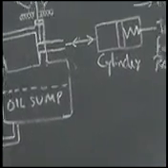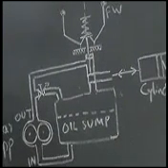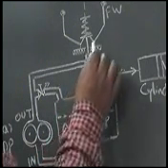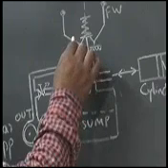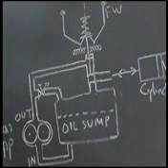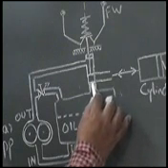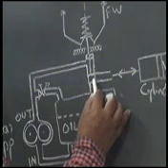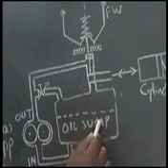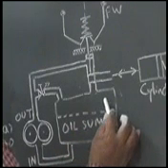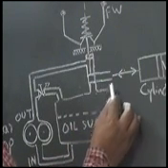If the RPM of the engine is increasing due to any reason, due to load coming down, then the flyweights will fly outwards. And what will happen? This pilot valve will then go up.